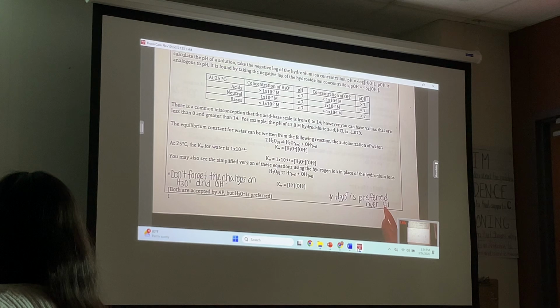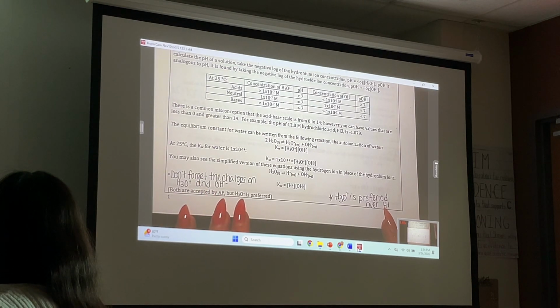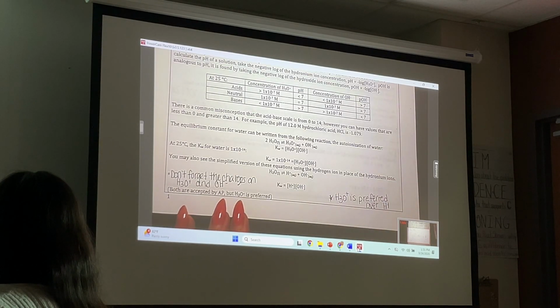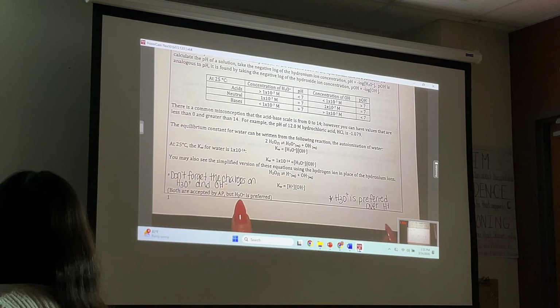The way you write it is up to you. AP does prefer the symbol for our acid to be H3O instead. If you use H, that's fine as well, they accept it anyway. But in collegiate levels, in other chemistry classes you might need to take, H3O, which is hydronium, is going to be most accepted.